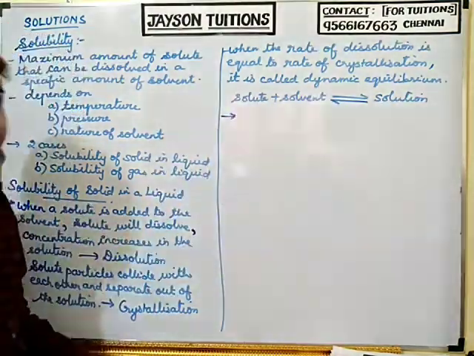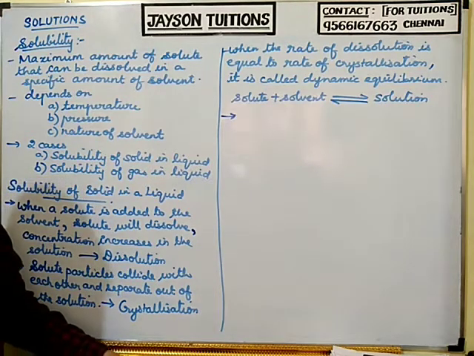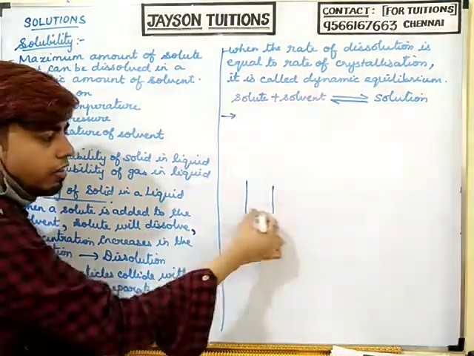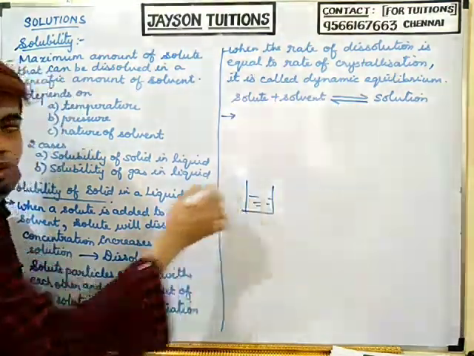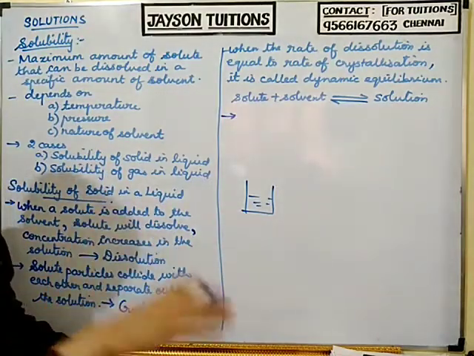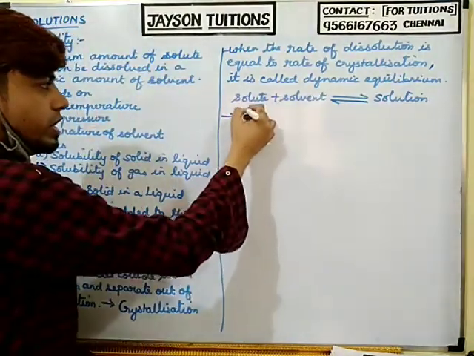Next one. Suppose you are not able to dissolve any solute in the solvent, then that solution is called saturated solution. Already it has dissolved the maximum amount. If you add extra amount, it will not dissolve. Such solutions are called saturated solutions.